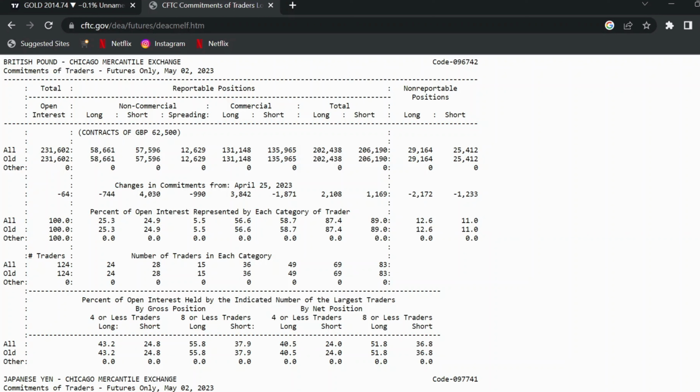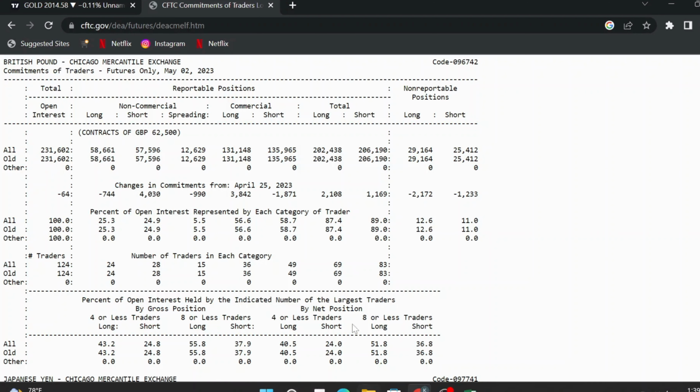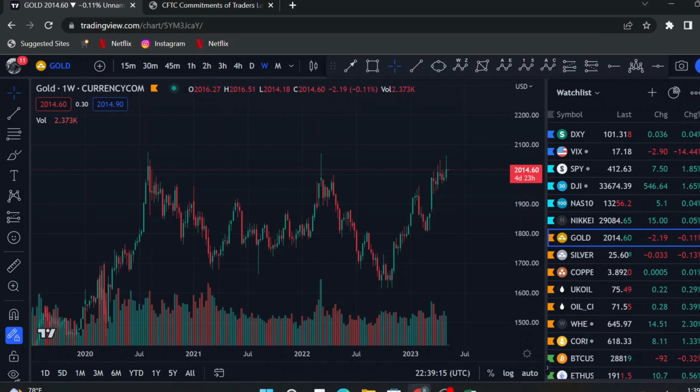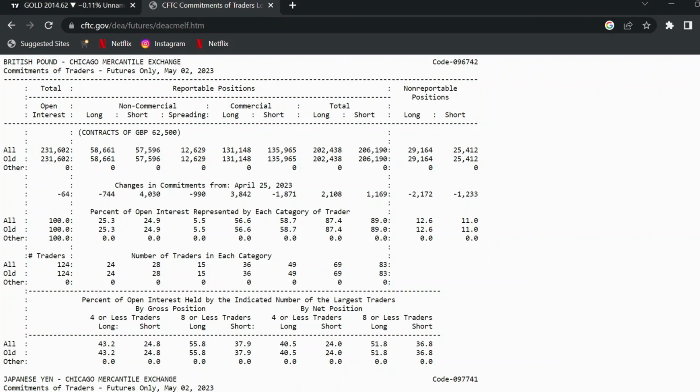As I've said, this report is usually 3 days out of date. So this one is equivalent to volume that we see on our charts. And when I talk about volume, I'm talking about this volume down here. So in the futures market, you have a way of seeing the volume and whether it's increasing or decreasing.